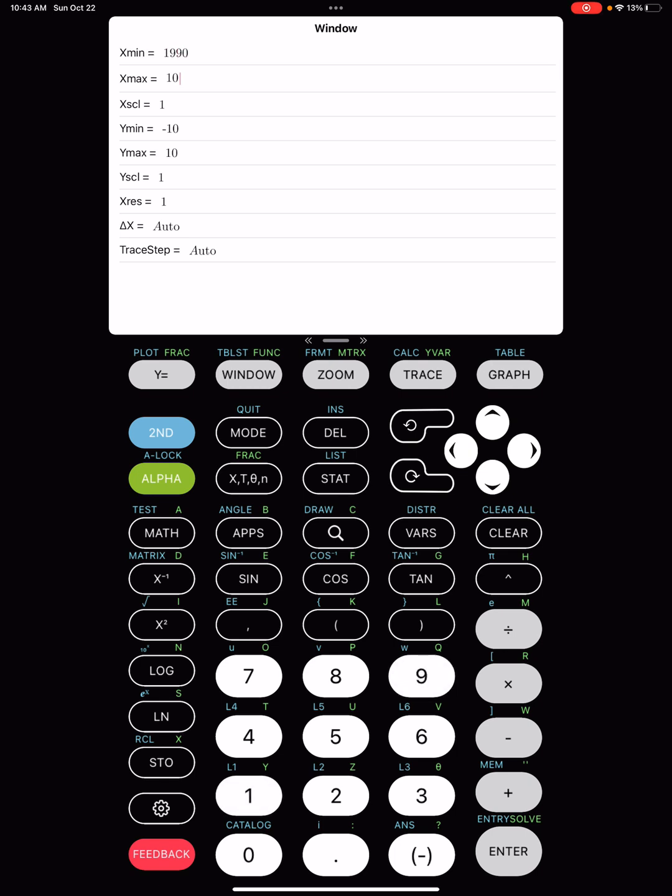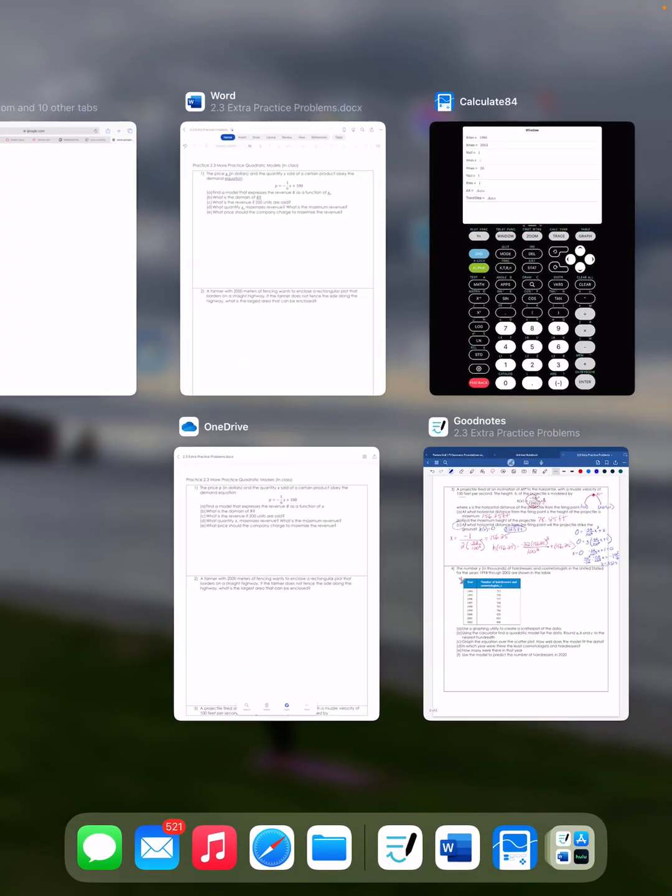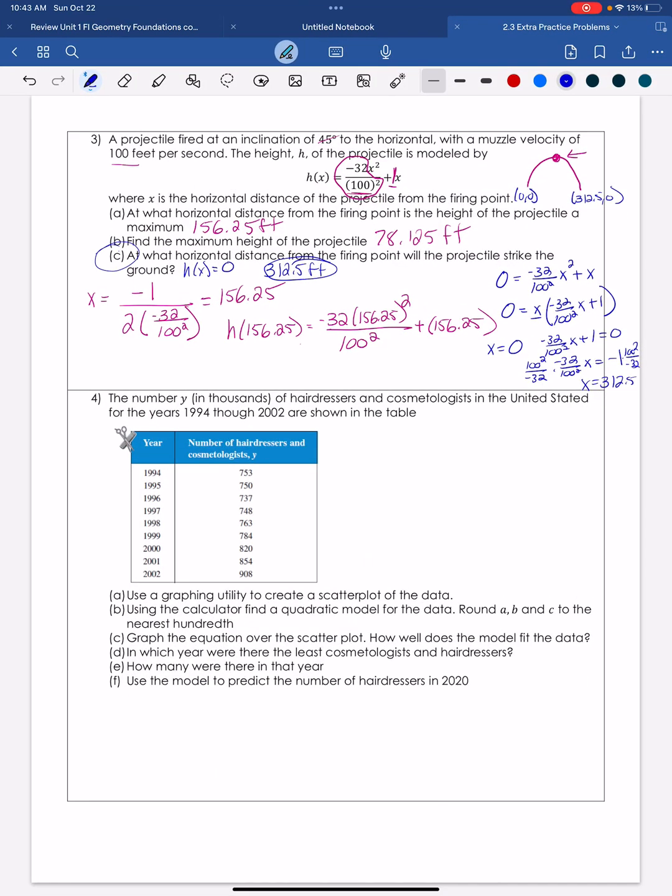So I'm just going to make sure that my window goes to 2003. My Y minimum, what were we at, 753. So I worry about my minimum a little bit.